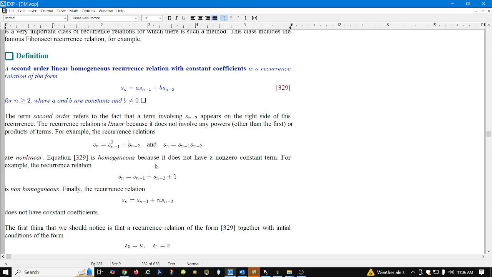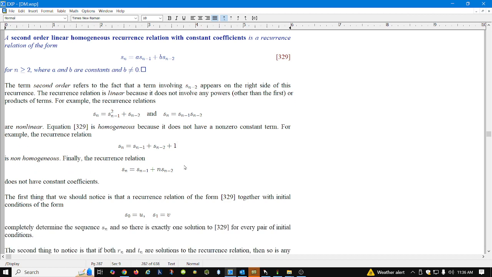The recurrence relation is homogeneous because it does not have a non-zero constant term. So this is a non-homogeneous linear recurrence relation. This recurrence relation does not have constant coefficients because n is not constant here.